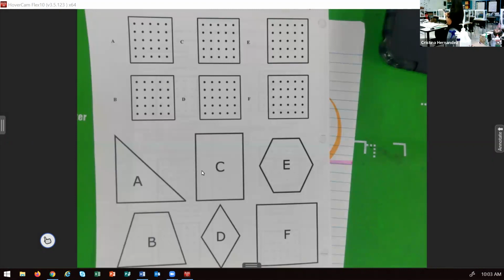Page 122 in your math binder. I went the wrong way.